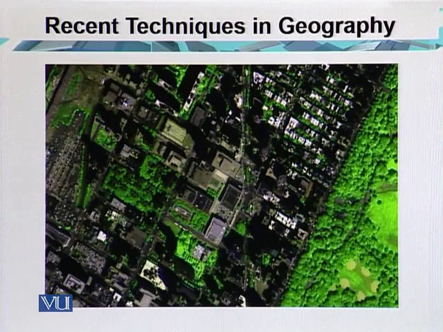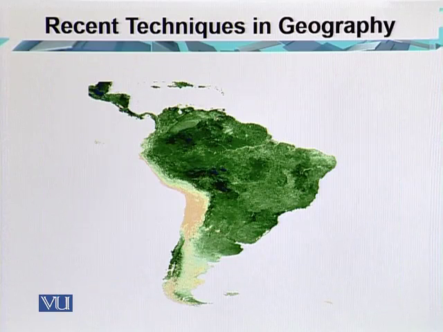This depicts that one of the land uses belongs to the vegetal cover, one belongs to the built up area, and some are other land uses. Now this slide belongs to a continent. It is a bigger area as compared to the city. It also reflects the picture of different land uses of the continent. Some are in green color and some are in other colors.